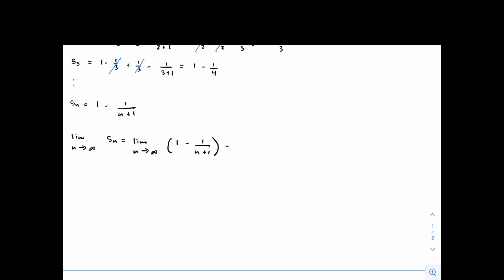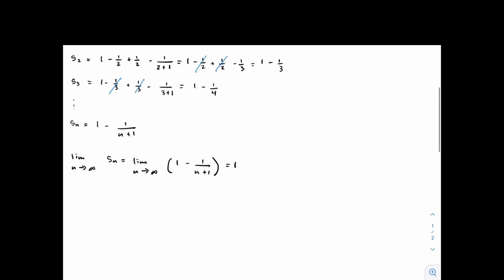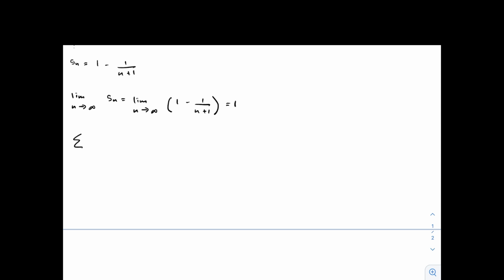This limit evaluates to 1, and therefore we can conclude that this sum evaluates to 1, and that is our final result.